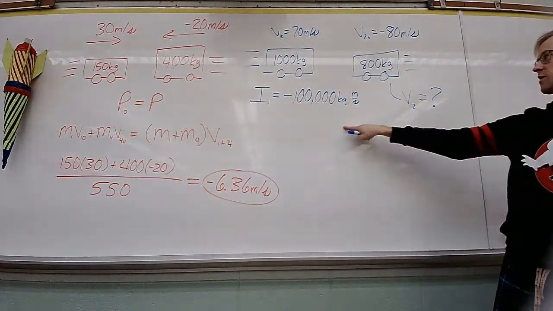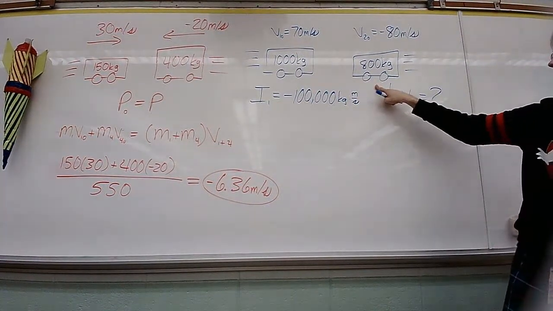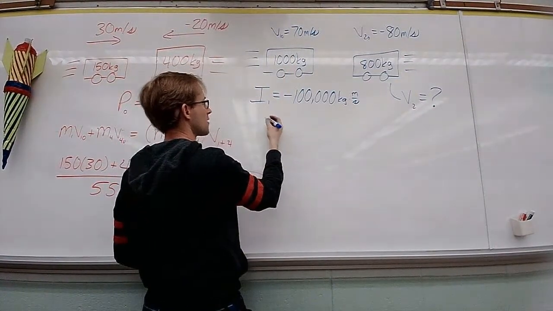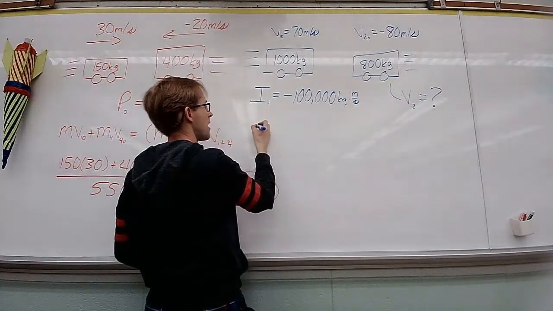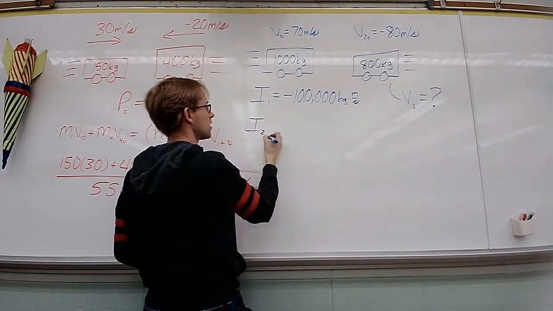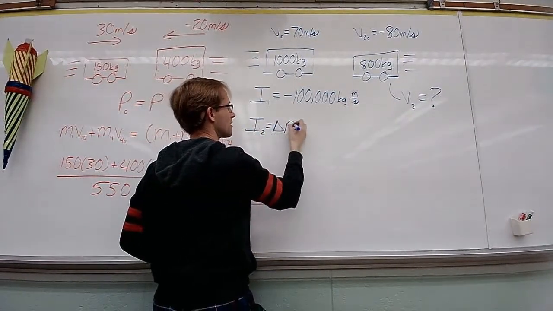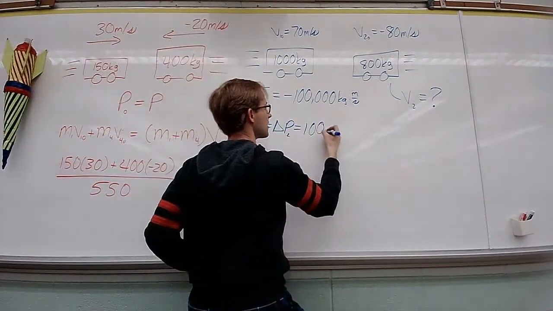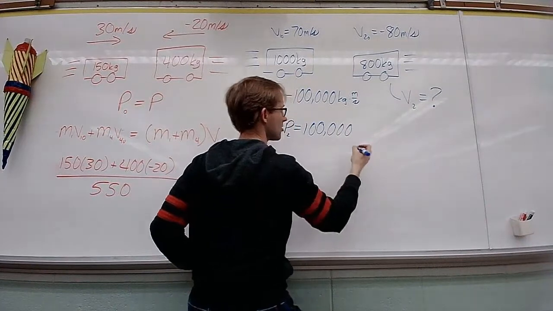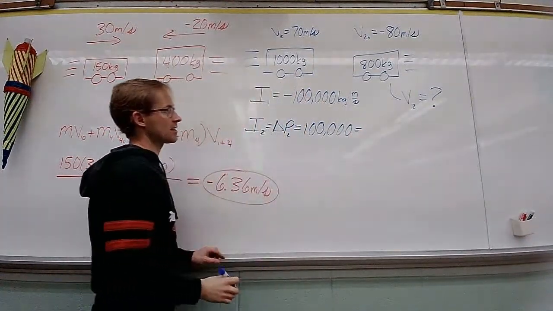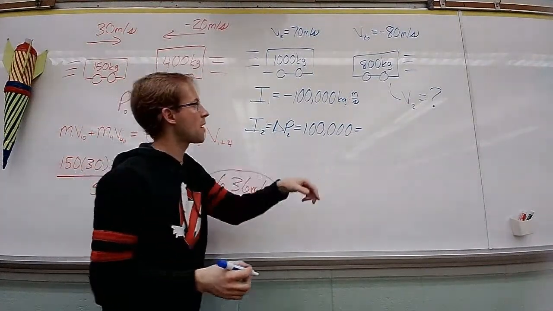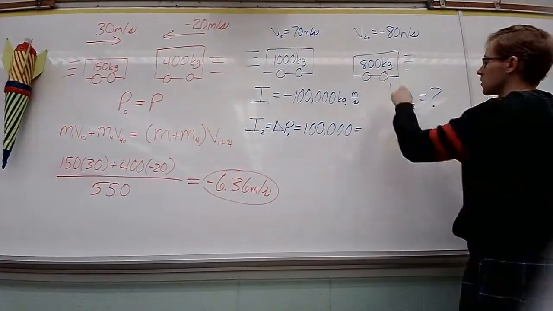The impulse of the other object. So if I know the impulse here is equal to negative 100,000, that means my impulse of object 2, or my change in momentum of object 2, is equal to positive 100,000. So I can set this equal to the change in momentum of object number 2.